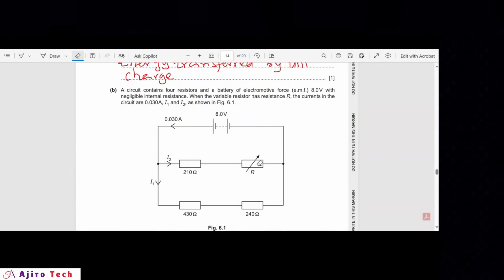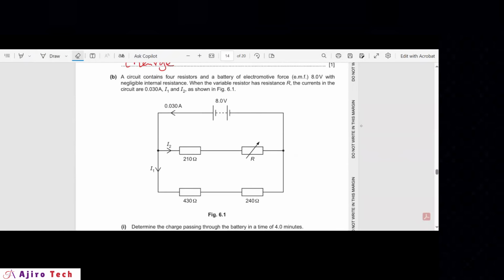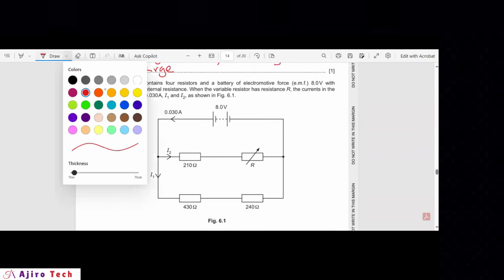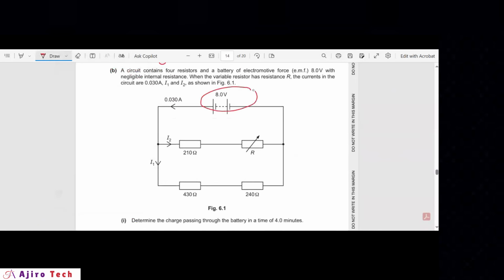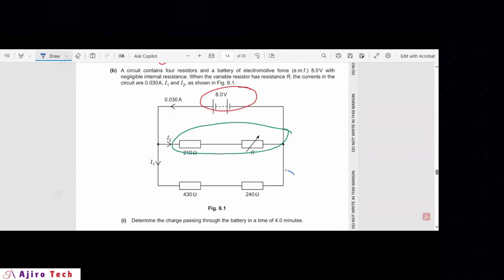This variable resistor, and the 3 others are fixed resistors. The currents are I1, I2. My method, to start with, is to distribute the EMF. This is in parallel. So the value of this is 8 volts, this also 8 volts, this also 8 volts. Why?